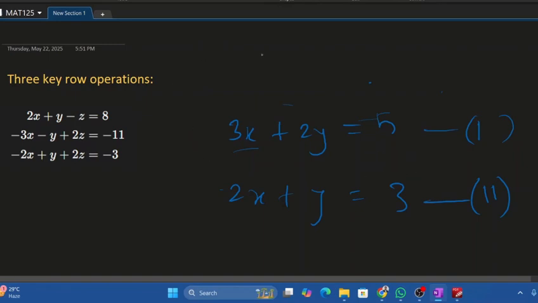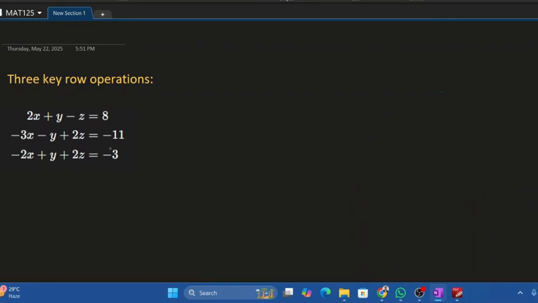So if we understood these basics, then we can define the three key row operations that we will be using to operate Gaussian elimination. We know that we can express this system with the augmented matrix. Let's say this is an augmented matrix.